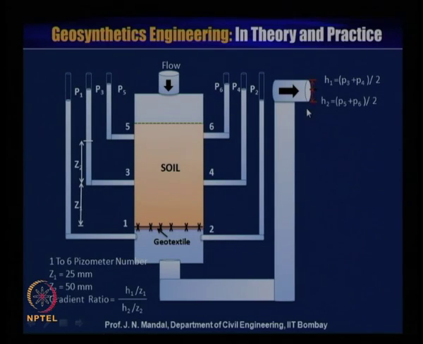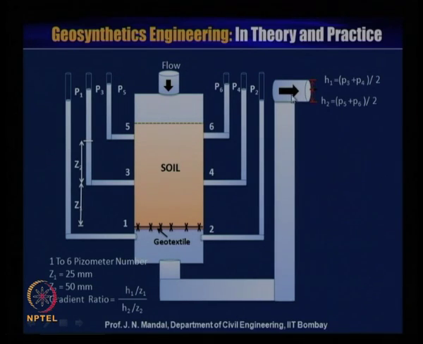So, you know P3 and P4, then you can calculate that H1 is equal to P3 plus P4 divided by 2. Similarly, H2 is equal to P5 plus P6 divided by 2. So, this is P5 and this is P6.